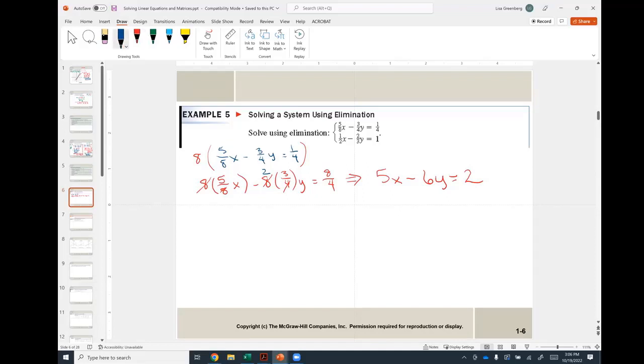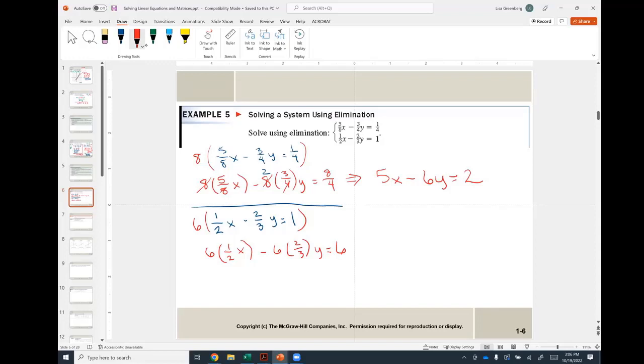And then I'm going to do the second problem. So I have 1/2 x minus 2/3 y equals 1. My least common denominator would be 2 times 3 because they have nothing in common. So 6 times 1/2 x minus 6 times 2/3 y equals 6.